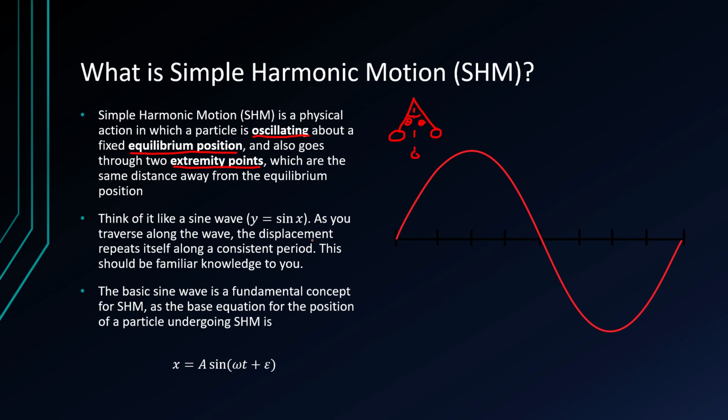So simple harmonic motion is actually governed by sine and cosine waves. As you can see, this will go up and down, back through it. We have the equilibrium positions, and then we have our two extremity points. In maths, we refer to these as turning points.